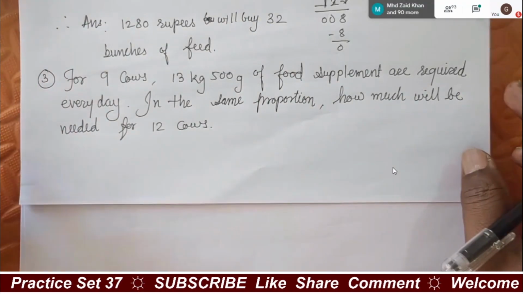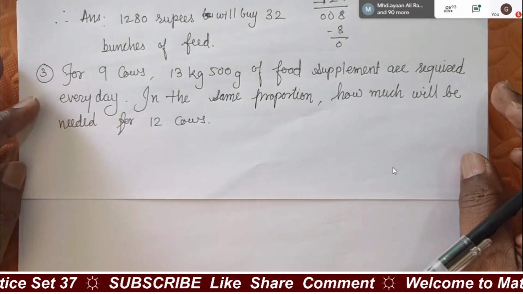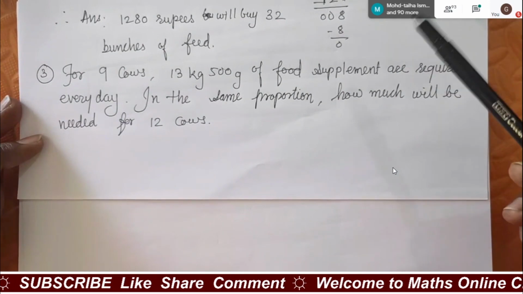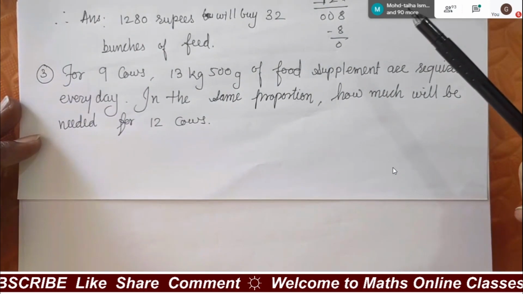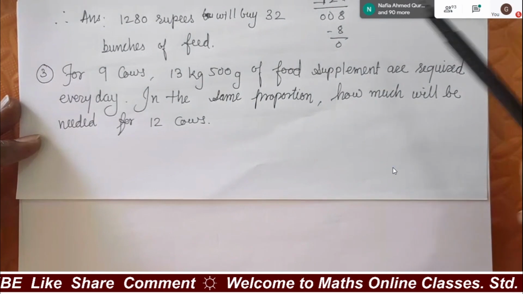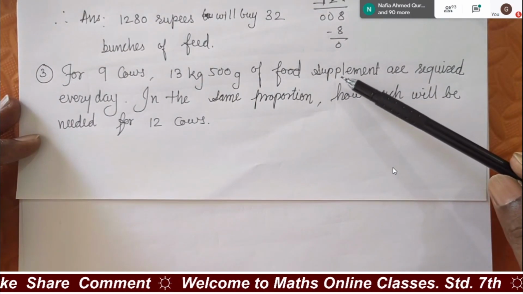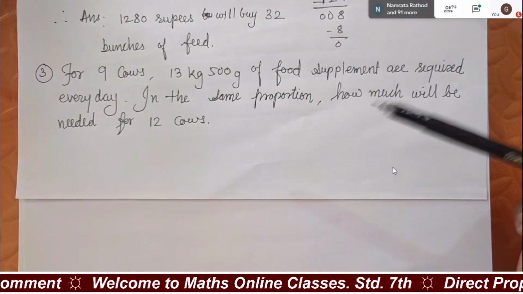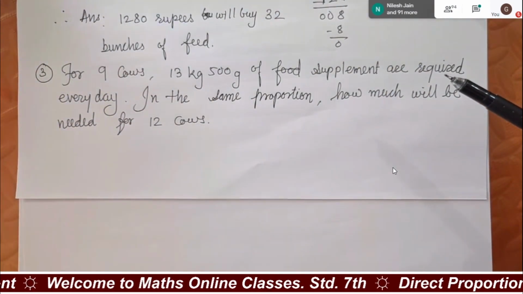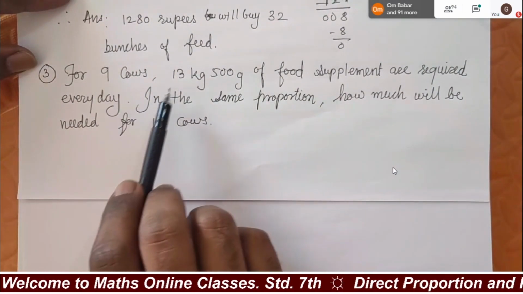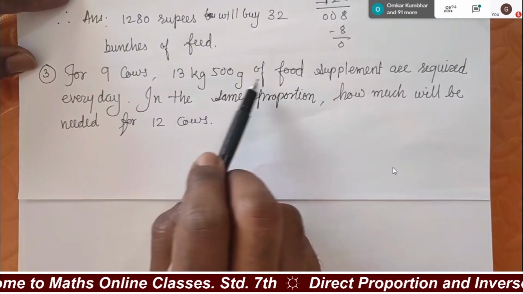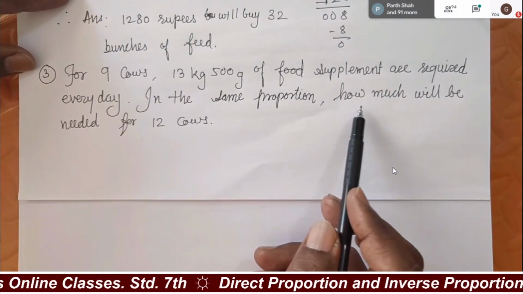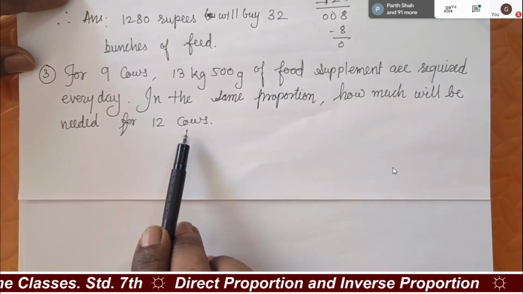If you have seen cows, if cows are there in your villages, you may know that cows do not only feed on grass, but along with that, food supplement is given to the cows. Why? To get more milk from them. So here it is given, for 9 cows 13 kilogram 500 gram of food supplement is required every day. In the same proportion, how much will be needed for 12 cows?